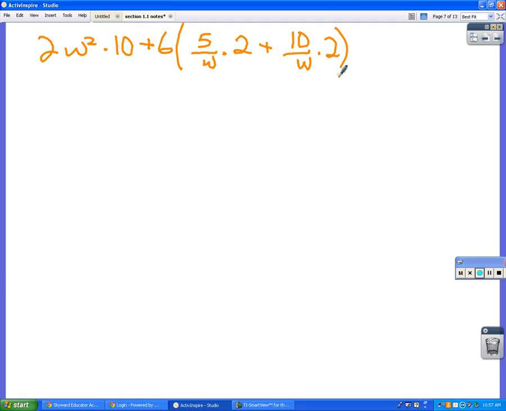So this simplifies to 20W squared. Now we're going to get rid of the parentheses by distributing: 6 times 5 times 2 is 60 over W, plus 6 times 10 times 2 is 120 over W.